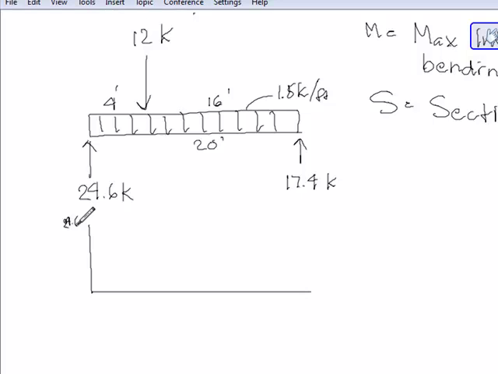Then your next sharp action is going to be in line with this, right? But until then, you've got a uniformly distributed load of 1.5 kips per foot. And that's 4 feet. So if it's 1.5 kips per foot, how far down would you go?